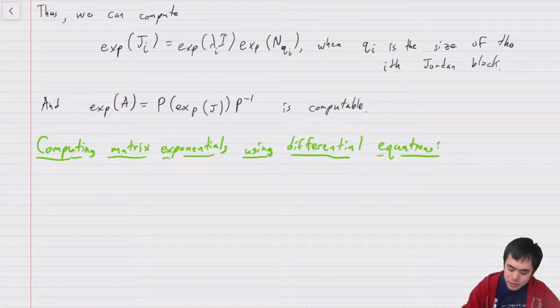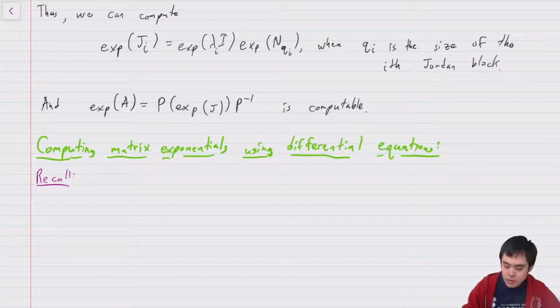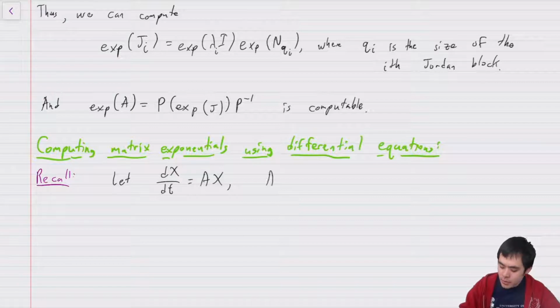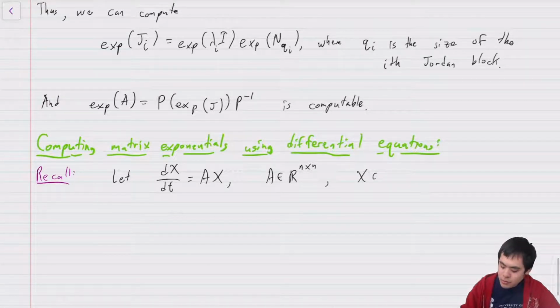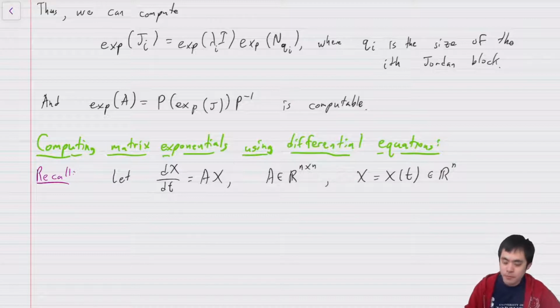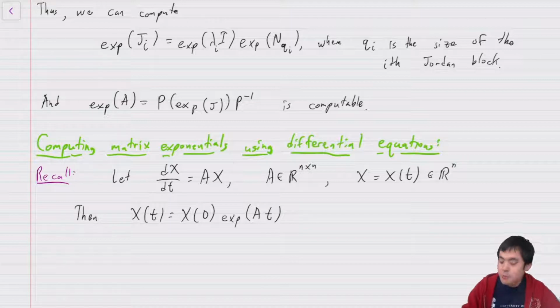Okay, so the first thing we need to do is recall that if you let dx/dt be equal to Ax, where A is an n by n matrix, and let's work in the reals for now just to make life a little bit easier for us, and x is equal to some function x of t, which is a length n vector, then we know that x of t is equal to the value at 0, x naught, times the exponential of At.